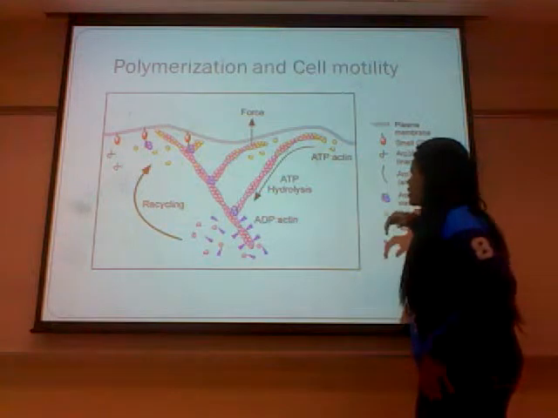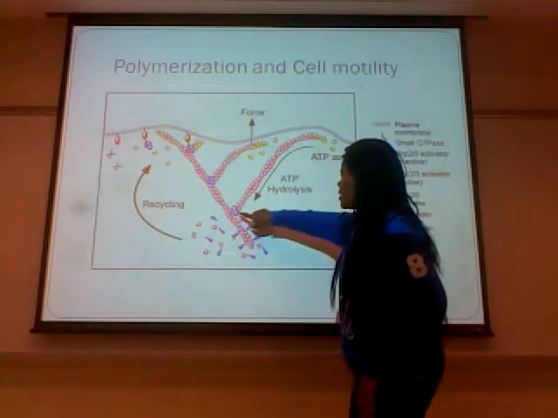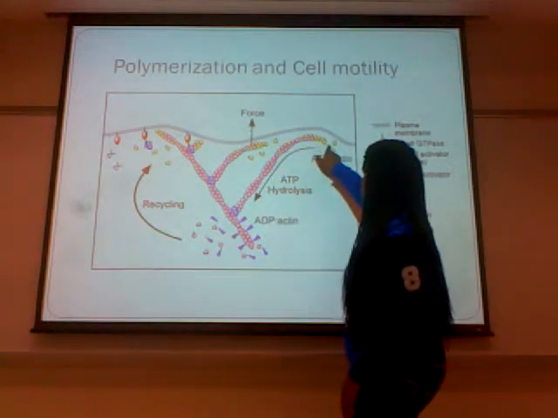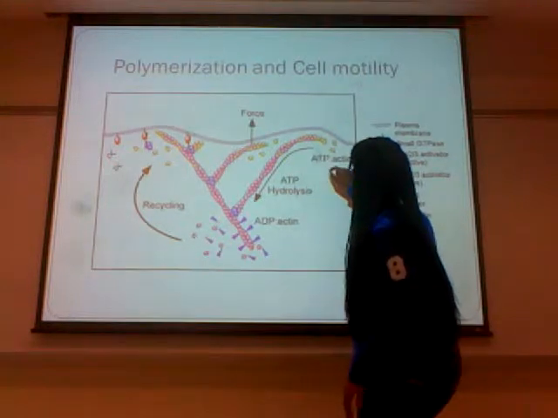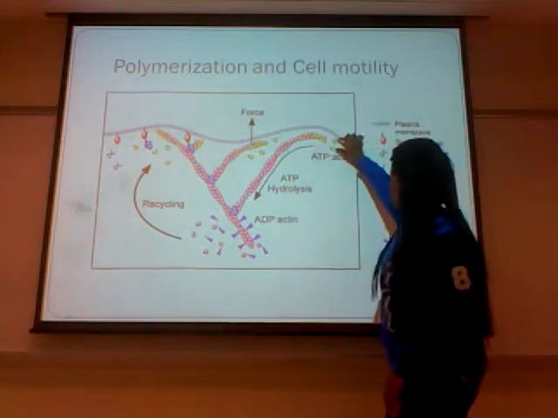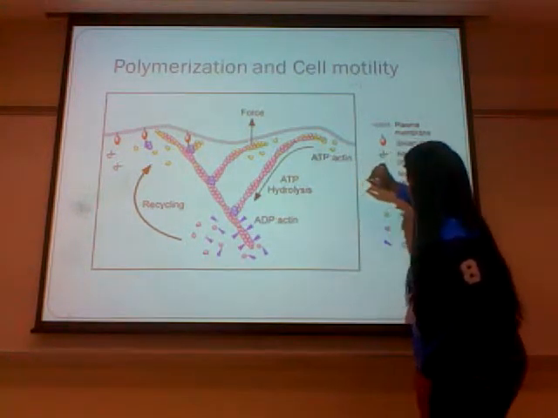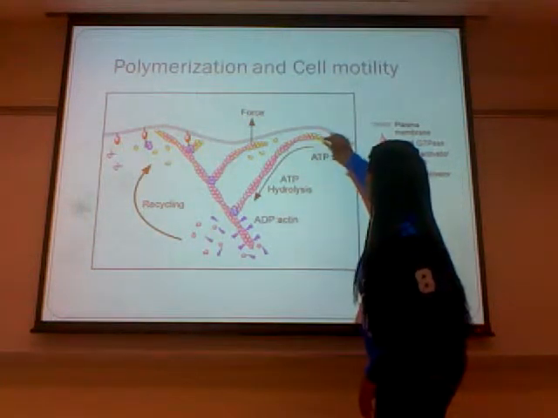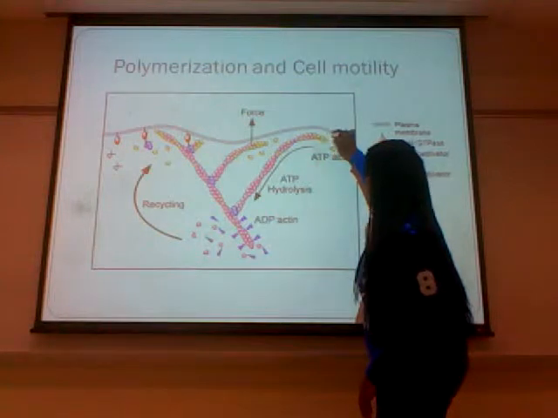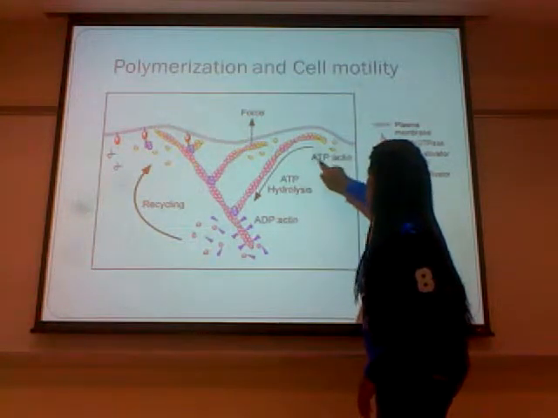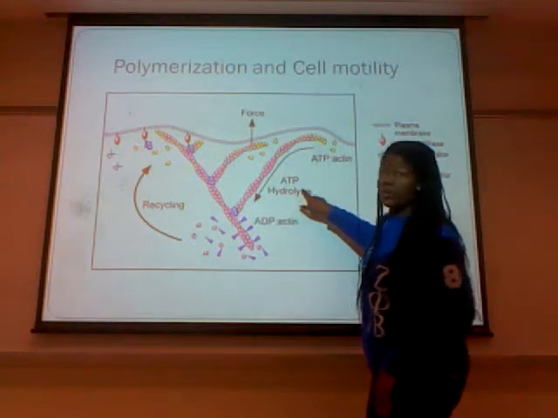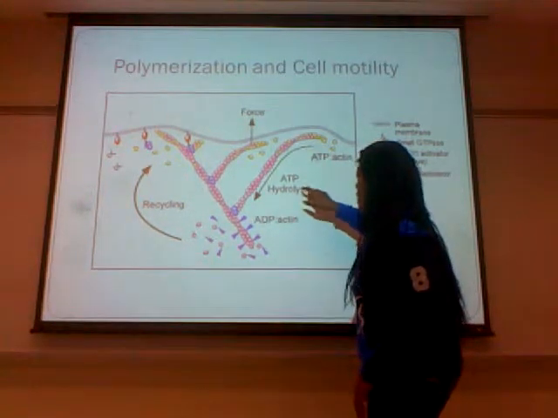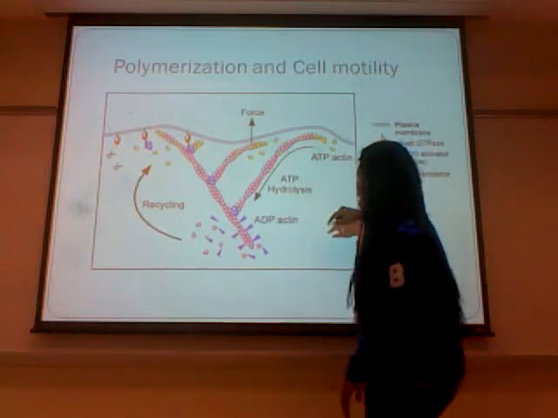We'll just say for instance that this side is the minus end, this side is the plus end, since actin is joining at this side. When the actin binds to the other actin, the F-actin subunits, this causes ATP, like I said before, to undergo hydrolysis, and it breaks into an ADP plus a Pi.